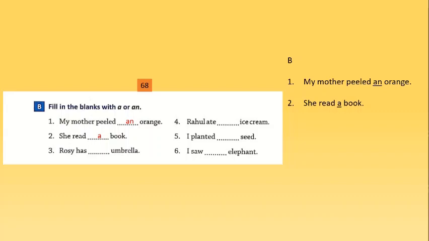Children, I hope you're writing. Number 3. Rosie has dash umbrella. The next word is umbrella, and because it starts with a vowel, we use article an. Rosie has an umbrella.